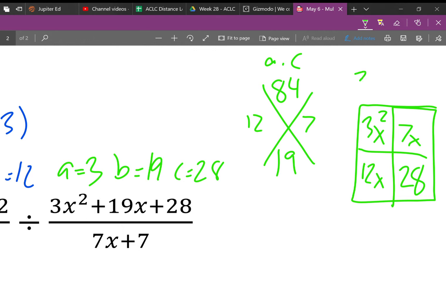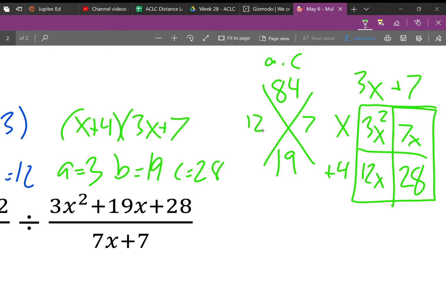So let's go ahead and put 3x up top, x in the front, and then to finish this off, x times what is 7x? X times 7 is 7x. 3x times what is 12x? 3x times 4 is 12x. So that's what this factors into: x plus 4 times 3x plus 7.